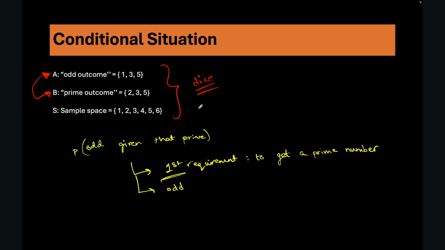We know that there are three prime numbers out of the sample space. Out of that, how many are odd? So we have to find the intersection between these two things. Well, 3 and 5 are in the prime numbers, and they're odd. So out of the three prime numbers, two of them are odd. So we can say that the probability is 2/3. I hope that makes sense.